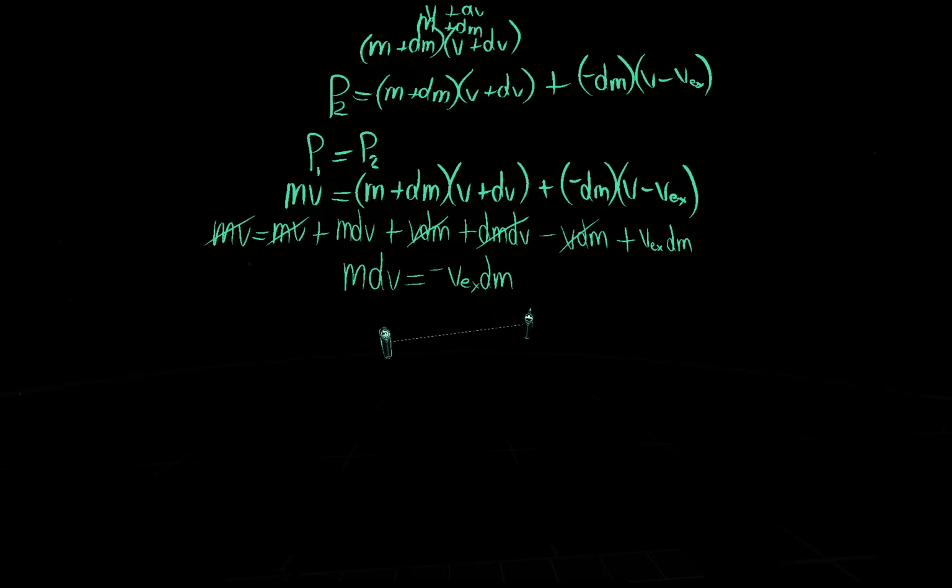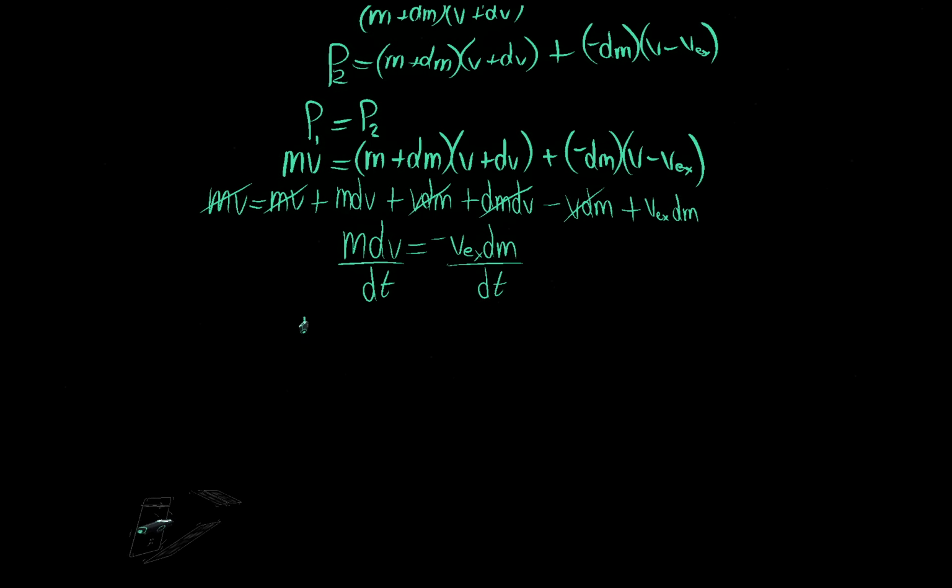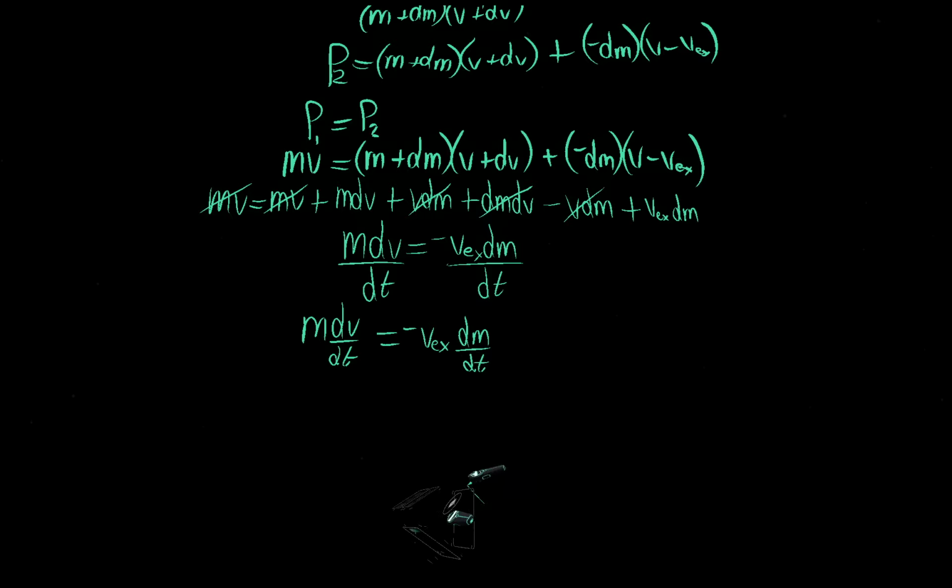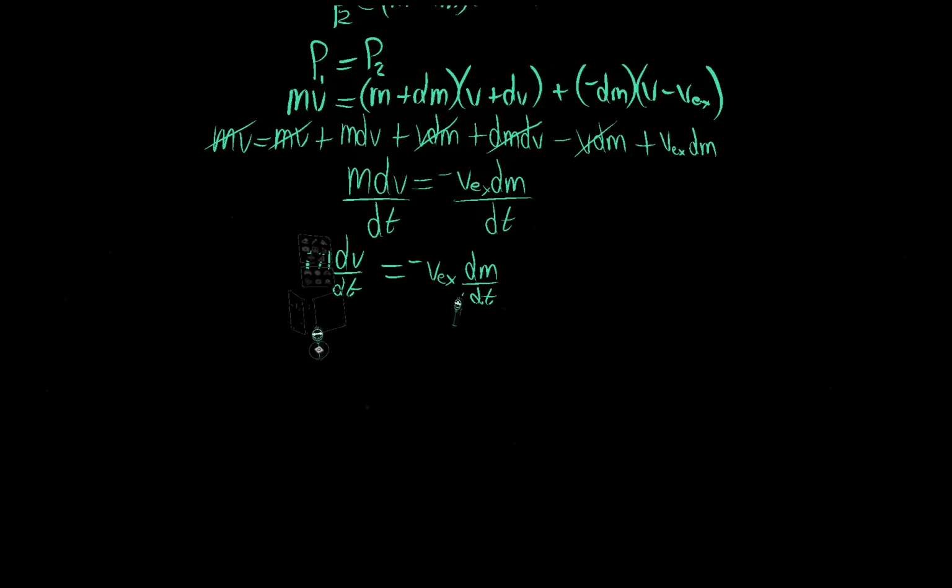So let's divide both sides by dt. And what do we get? Well, m dv/dt is equal to minus v exhaust dm/dt. What's dv/dt? That's a.